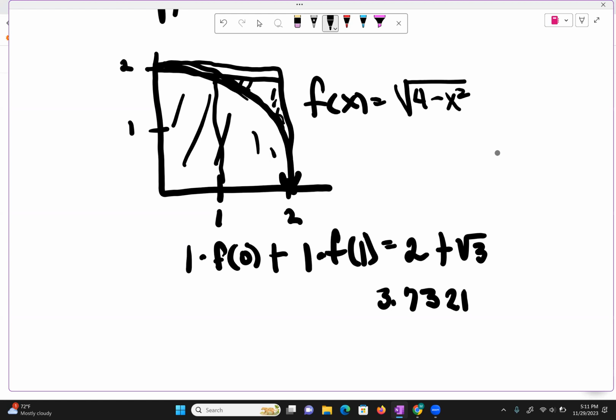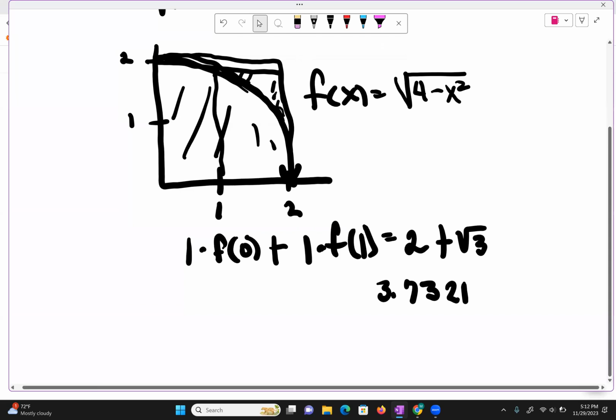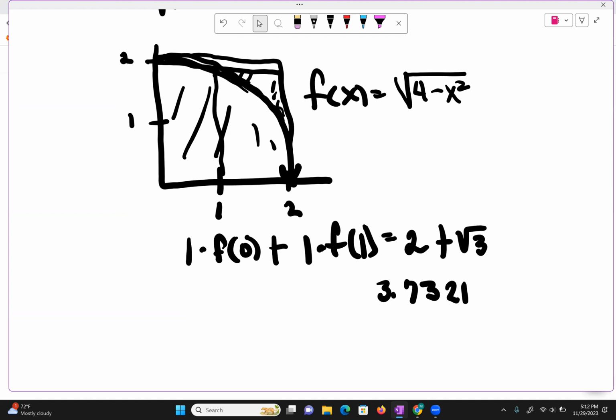So if we want to repeat part A, using the value of the function at the right end to determine the height of the rectangle, we use the right endpoints.